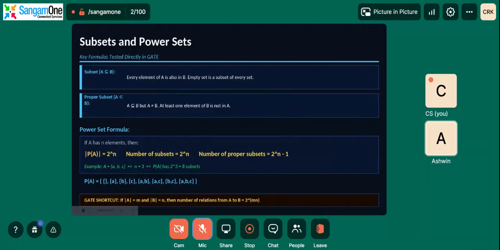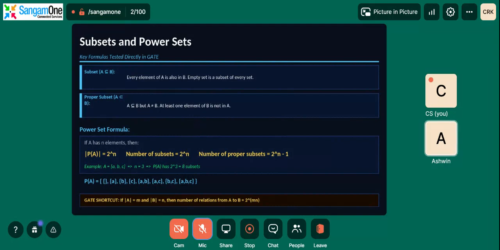Proper subset: A is a subset of B, but A does not equal B. At least one element of B is not in A. For this proper subset condition, there should be an element like that. Example: B is a set of whole numbers, and A is a set of natural numbers.